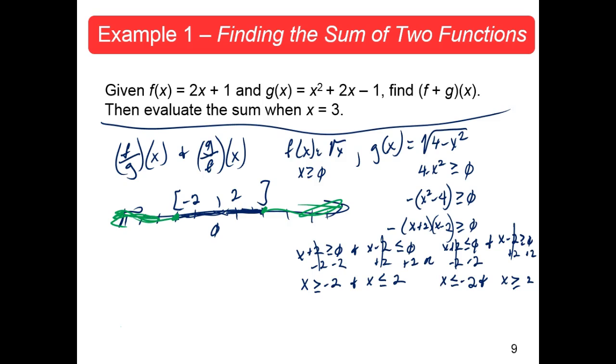They both have to be true. So this situation is not allowed. This is what we got. There's the domain of that function, negative 2 to 2. That's just to give you the domain of g of x. So basically we say, no, these won't work. Okay, that's your domain.